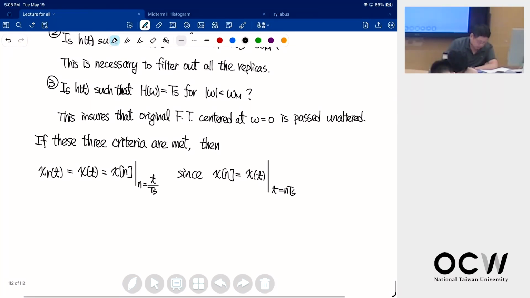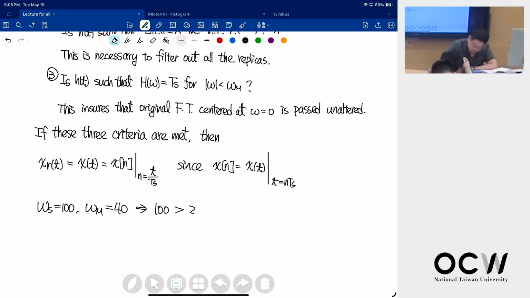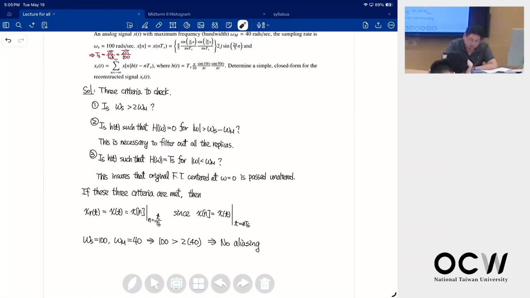Okay, so for our example, the sampling rate is 100, bandwidth is 40. So 100 is greater than 2 times 40, the Nyquist rate. So there's no aliasing. Now let's see the H, the filter in frequency domain.